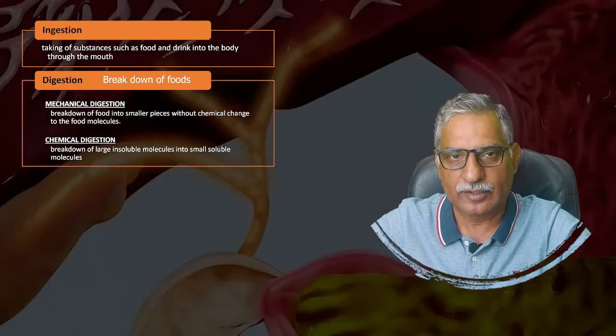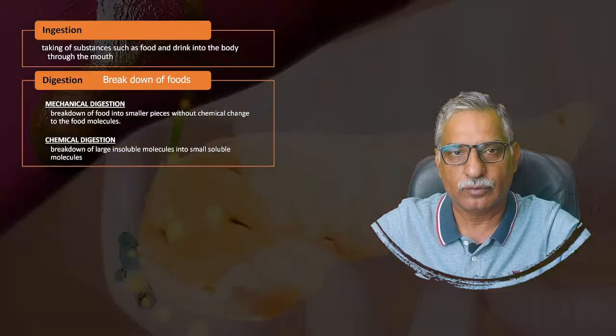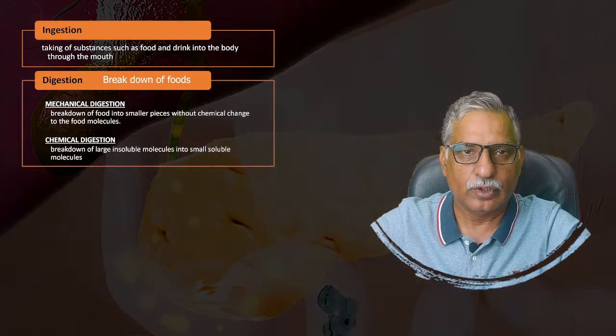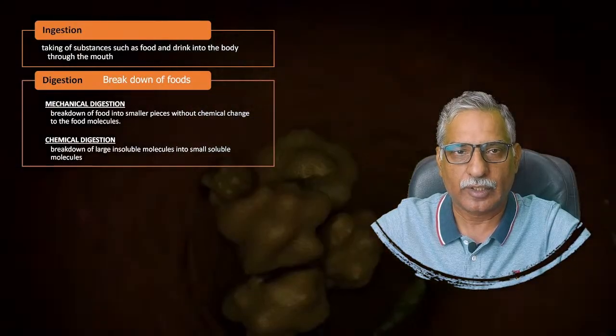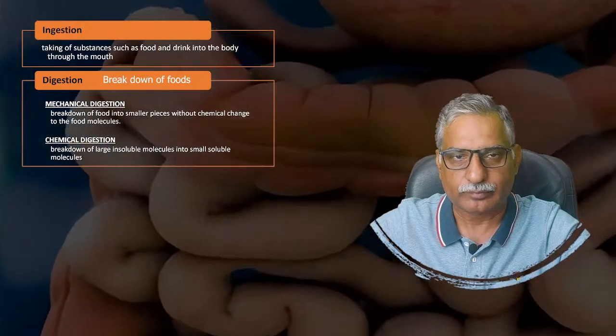So enzymes are involved, and the complex molecular status of the food is converted into the simplest molecular status of the food. This process occurs in the mouth, in the stomach, and in the small intestine of the human digestive system.